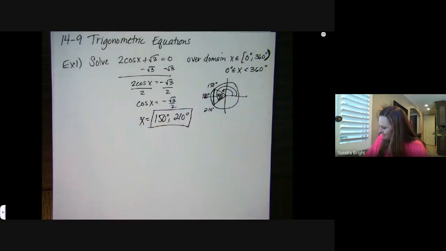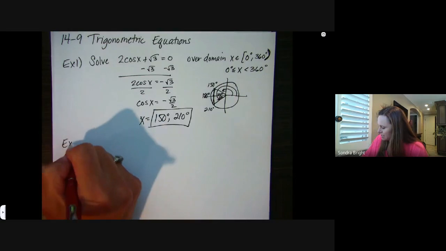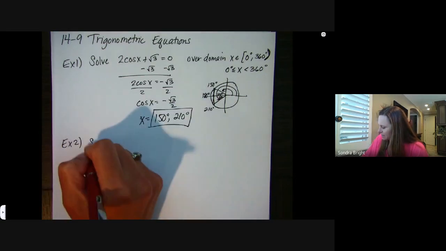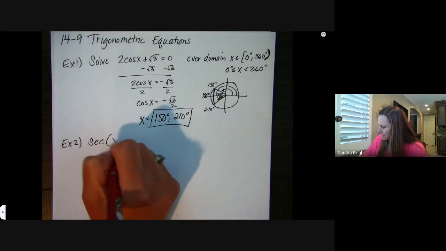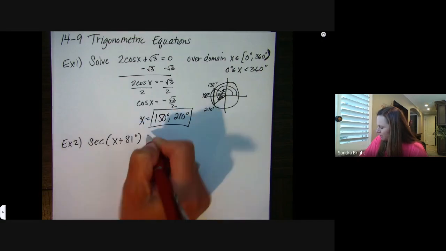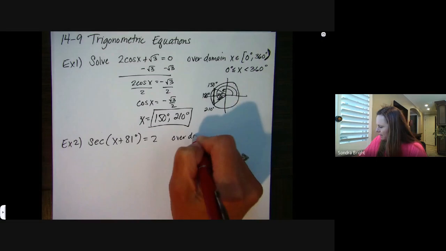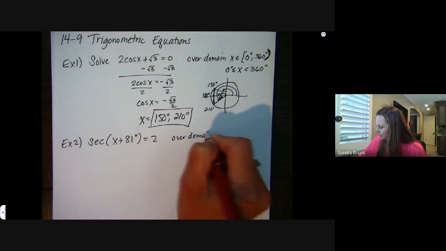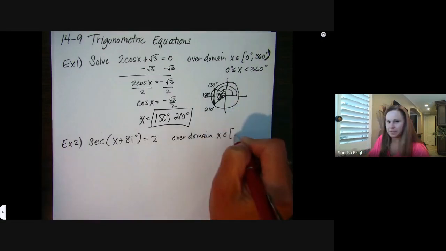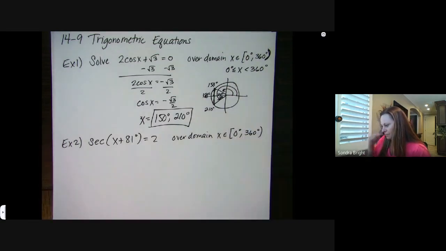Not bad, huh? All right, how about if the equation says secant of x plus 81 degrees is equal to 2, and we're going to go over the same domain, where x is between 0 degrees and 360 degrees. Okay, well, I don't know about you, I don't have my secant values memorized.